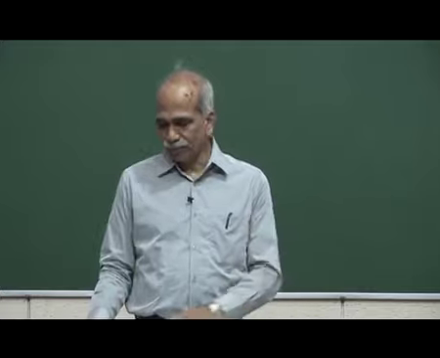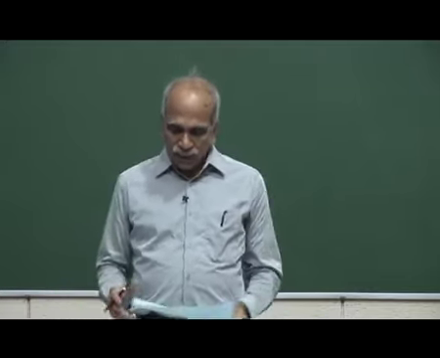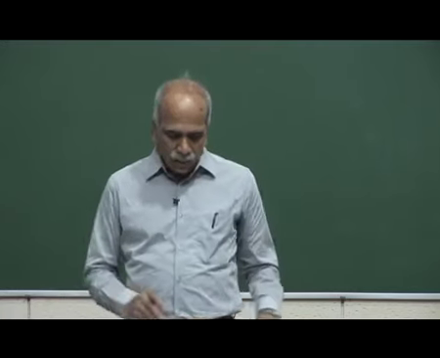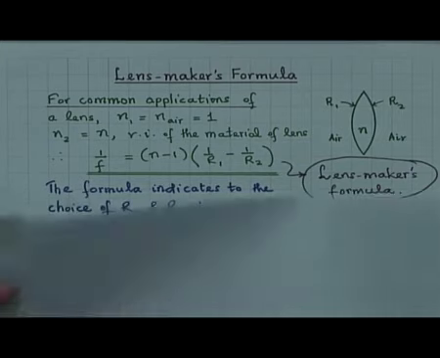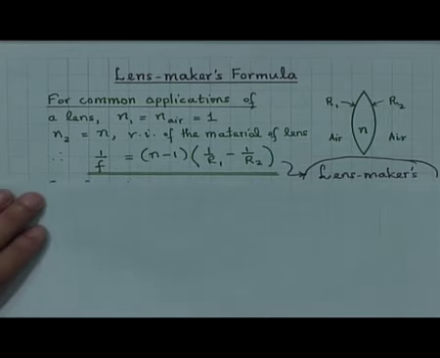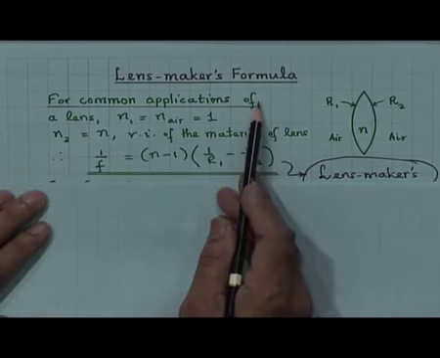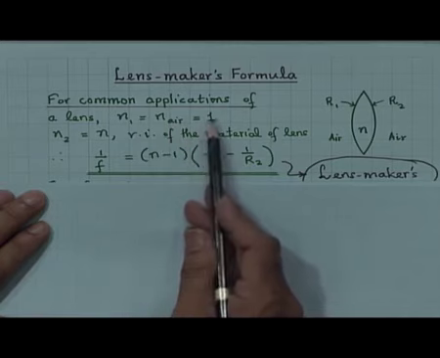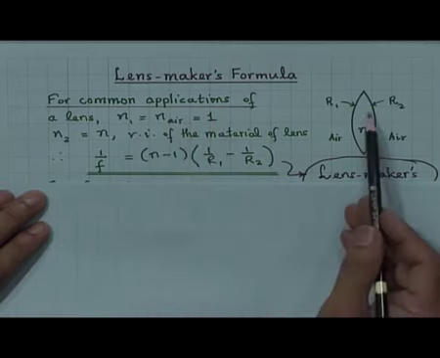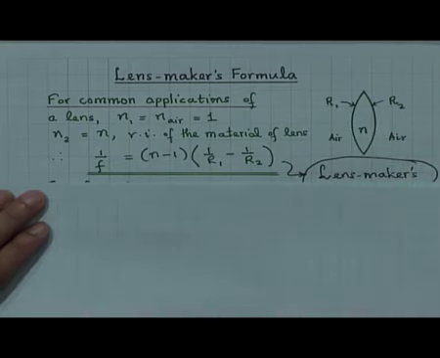All right. Let us go further and see the lens maker's formula. This is a more familiar and common formula, because for most common applications of a lens, n1 is equal to n air, equal to 1. When we use a lens, normally the outside medium is air, except in special cases when we have a liquid on the outside.